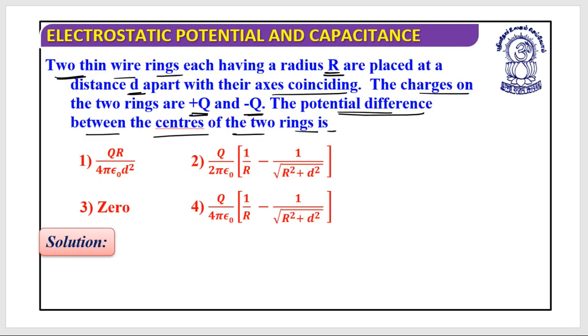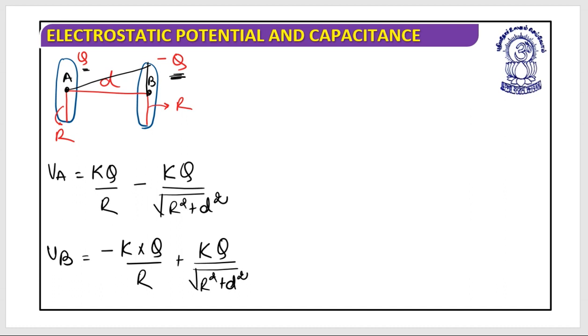What I need to write is the potential difference between the centers of the two rings. So what I want is delta V. Suppose it's VB minus VA.